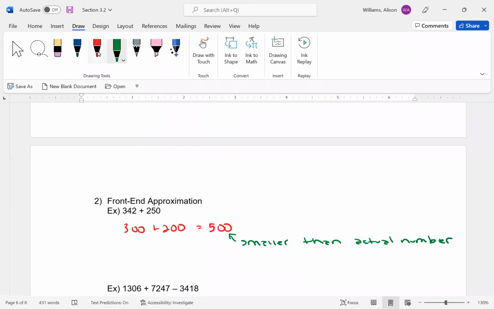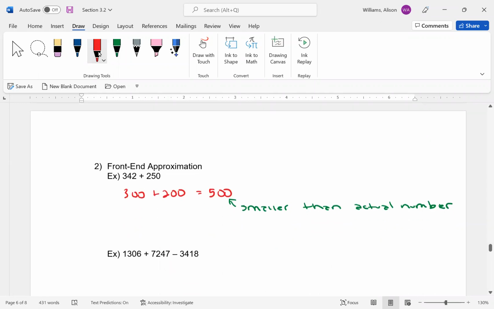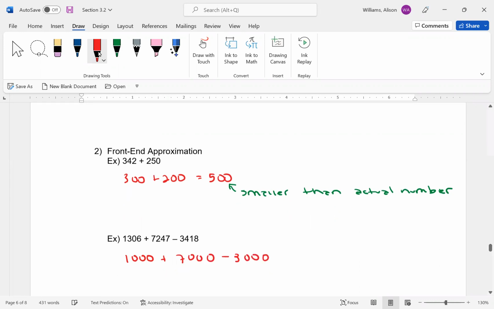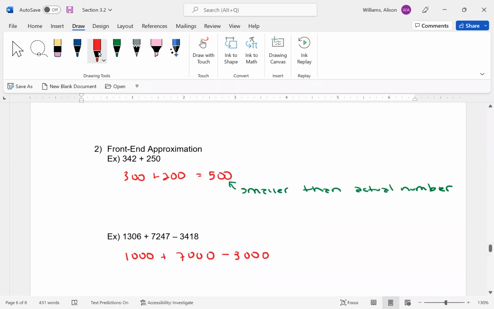But it's very simplistic, which is always a good thing when we're trying to do things in our head. Okay, so using that concept here, this would be 1,000 plus 7,000 minus 3,000. All right, so I'm going to start with the last two. Those two give me 4,000. And then 4,000 plus 1,000 is 5,000. Boom. All right. So that's how you do front end approximations.